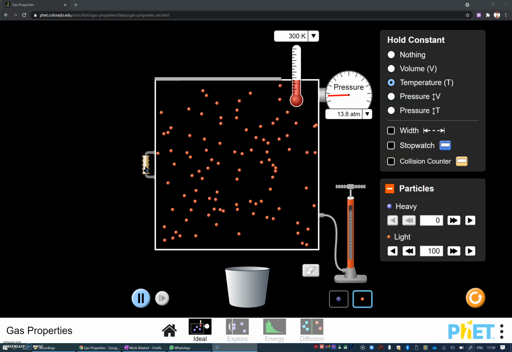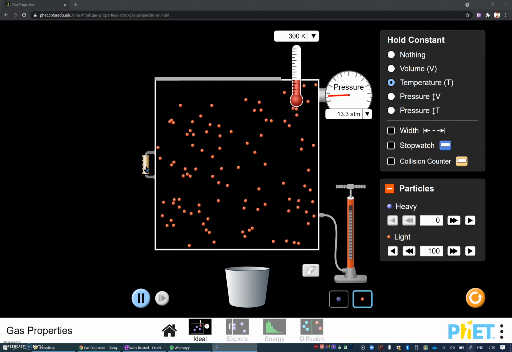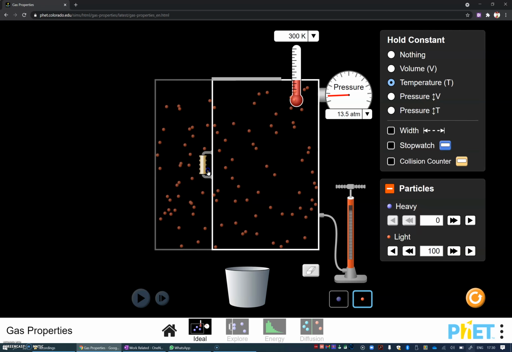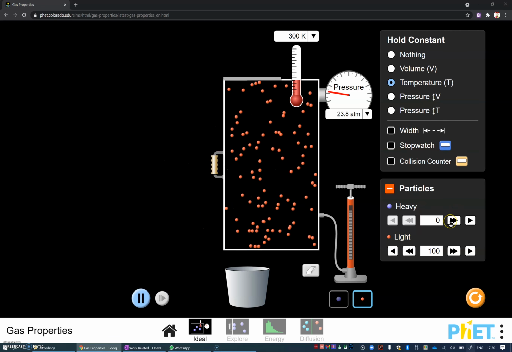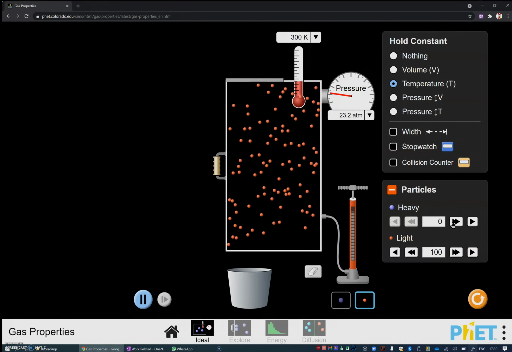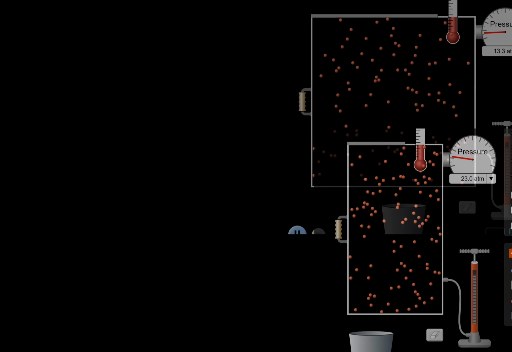Now, if I want to decrease the volume, I'm going to make the chamber smaller. Focus on one section of the chamber. You'll notice that the average speed of the molecules actually remains constant.